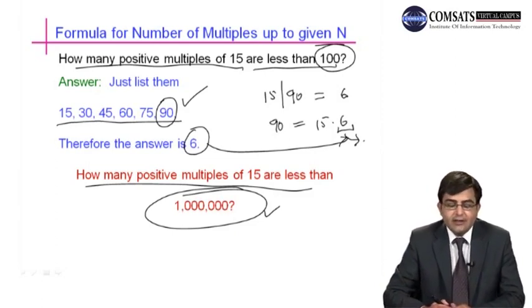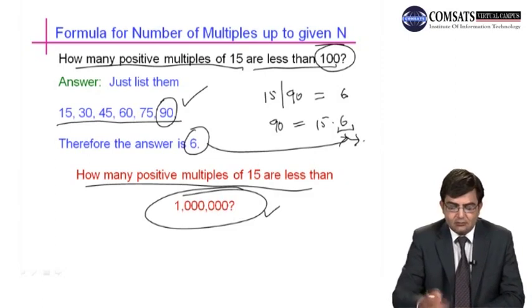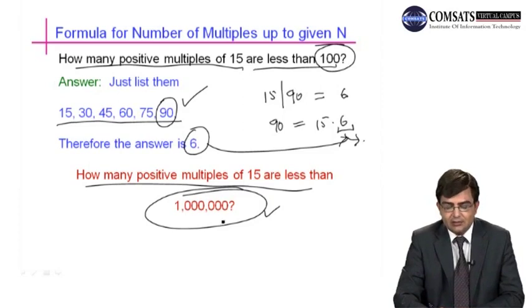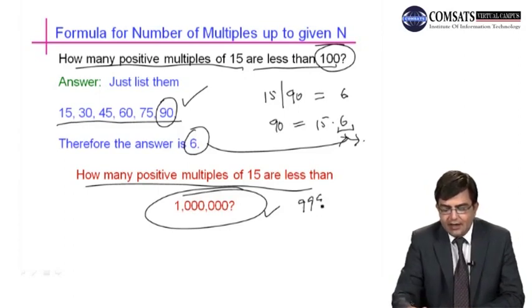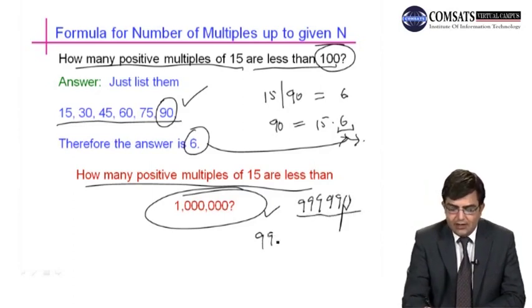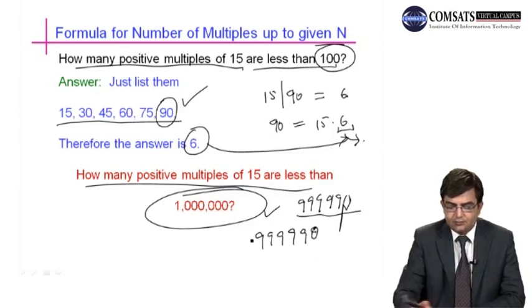So how can we find the multiples of 15 which are less than 10 lakhs? We find a number which is immediately less than this number and which is also divisible by 15. That number we can usually find easily: 999990.